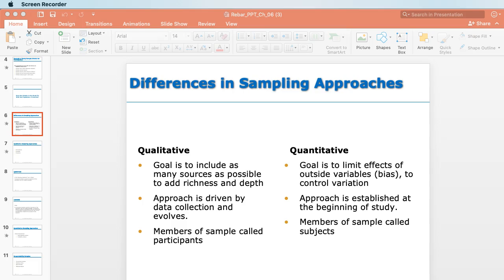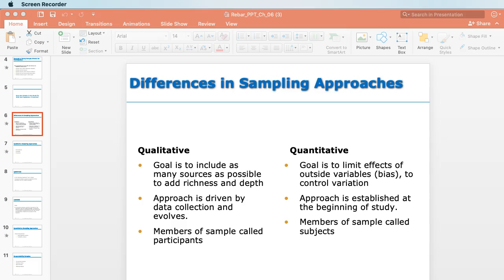So at the very beginning, the researcher makes a determination of what an appropriate sample size is, and that's driven very much by the type of statistic that they're going to do, and by the type of data they're using. Is it nominal? Is it interval? And also by the number of items, the number of variables they're measuring.